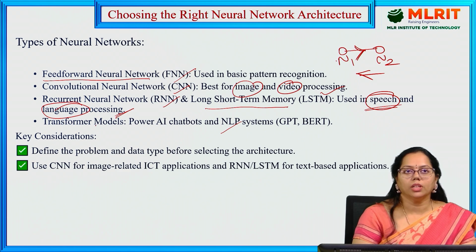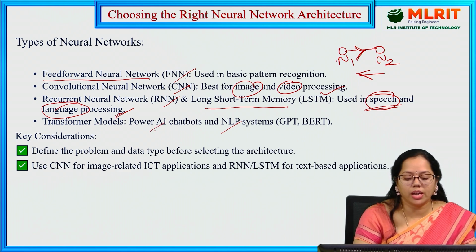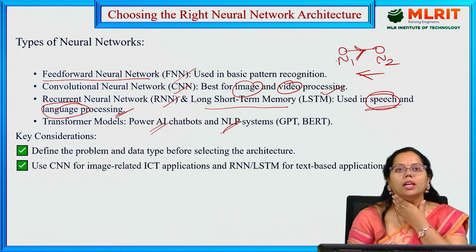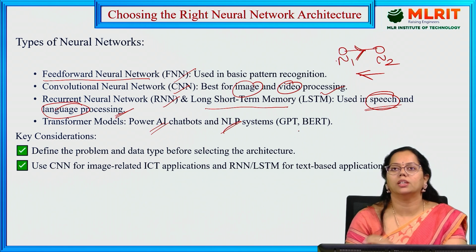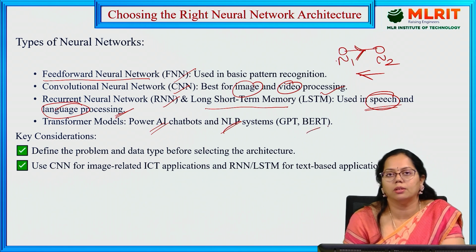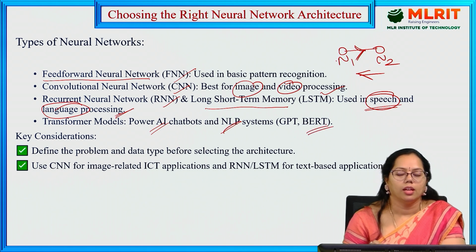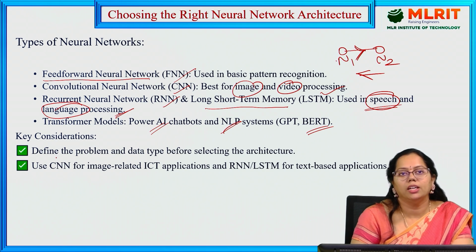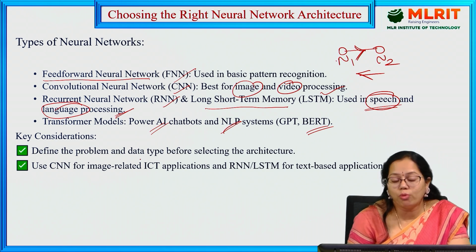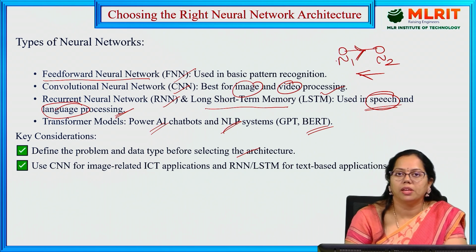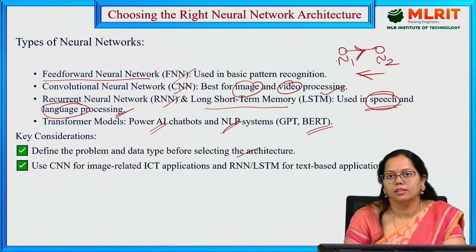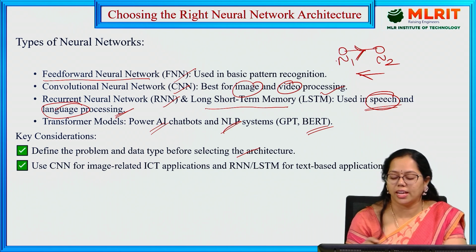It also talks about transformer models, like those powering AI chatbots and NLP systems, for example ChatGPT and BERT. The basic consideration is to define the problem and data types before selecting the architecture. It uses CNN for image related applications and RNN or LSTM for text based applications.